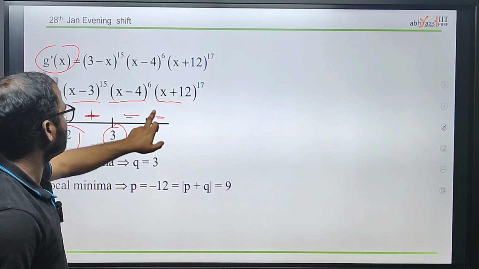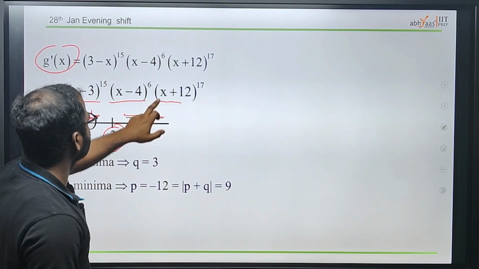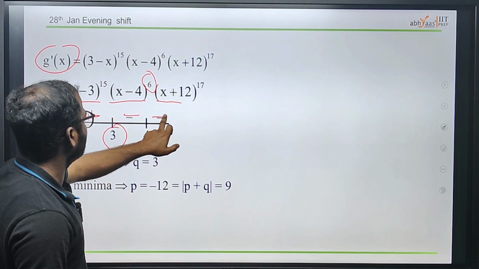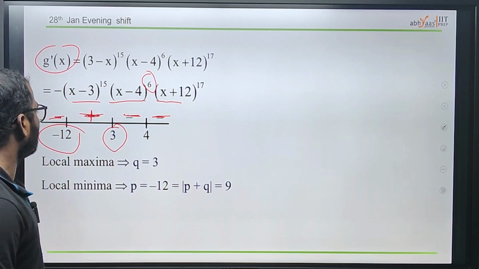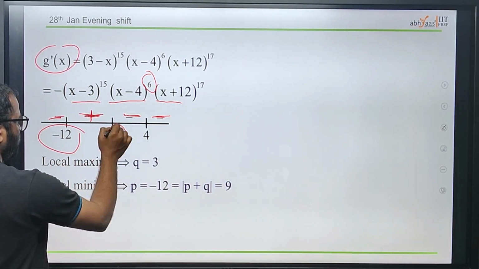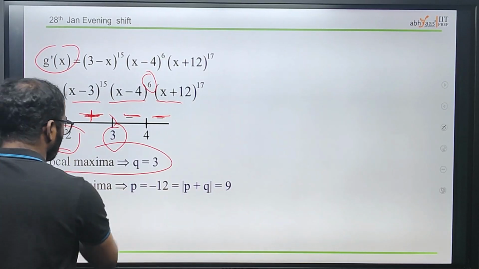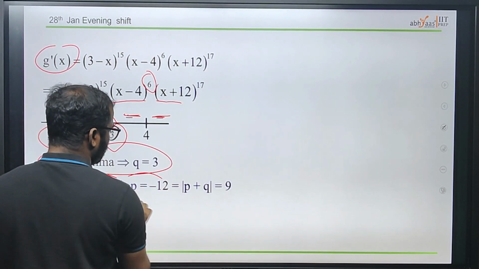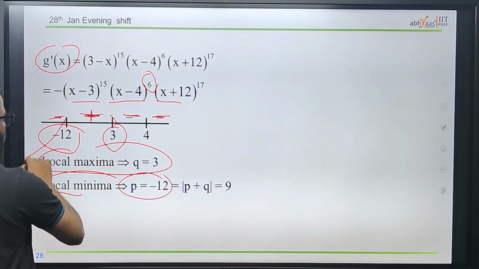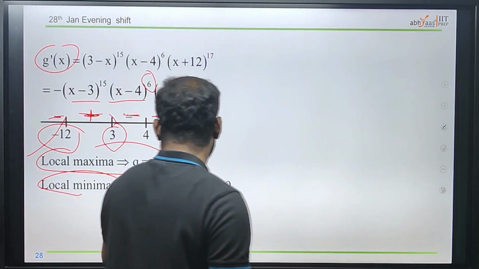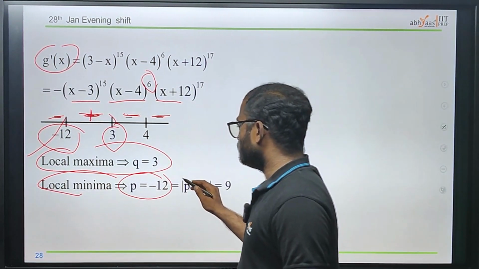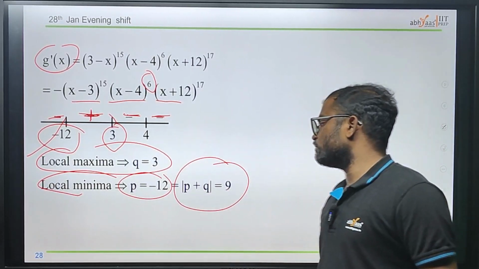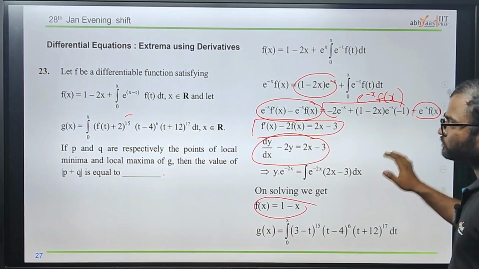And for minus 4, since we have 6 here and also here as well, positive here as well. Right here itself we have a local maximum, and the local minimum is at p equal to minus 12. It is decreasing and then increasing here. By that we can easily say therefore that p plus modulus of p plus q is equal to 9.